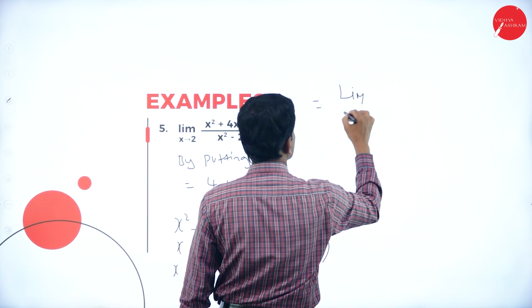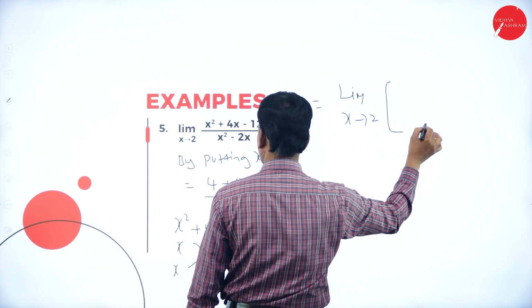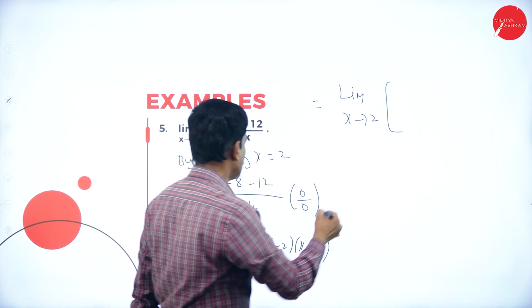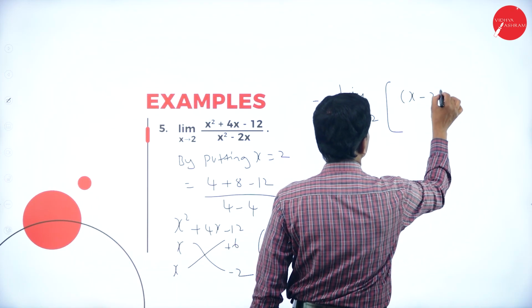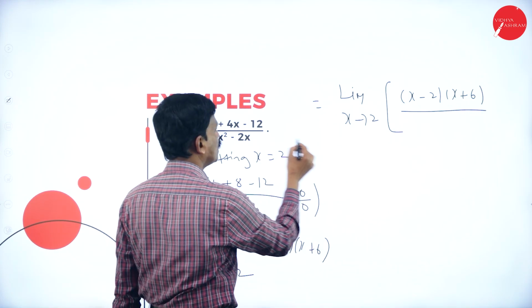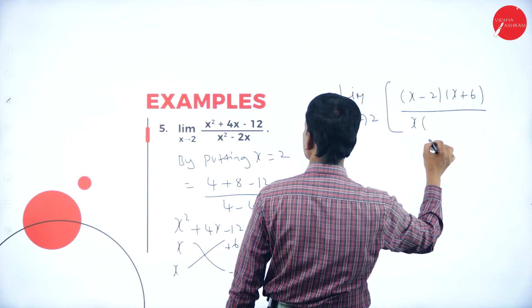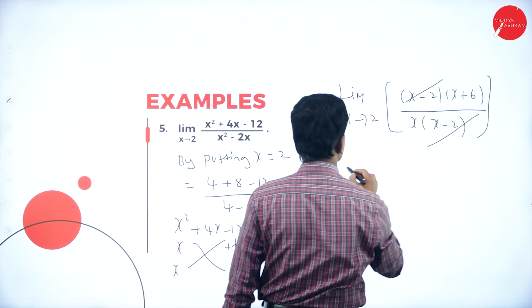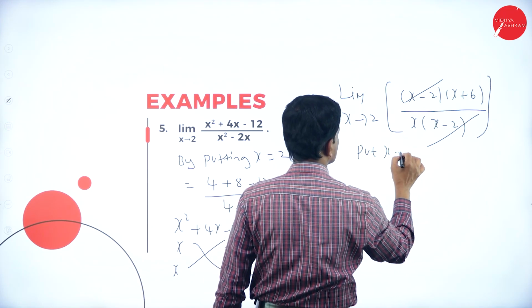This limit becomes limit x tends to 2 of numerator x minus 2 into x plus 6, whereas in the denominator you can take the common factor, x is the common factor, x minus 2. Now this x minus 2 gets cancelled, put x is equal to 2.